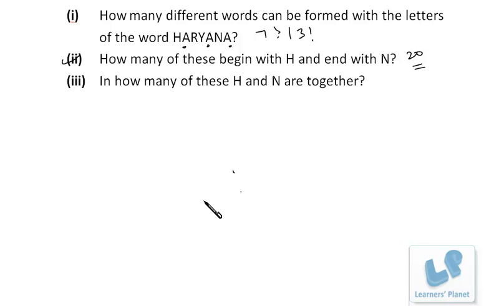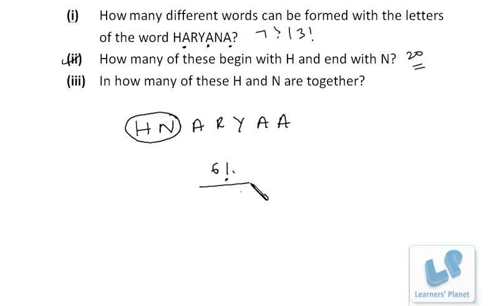Now let's take the third one. In this case, in how many of these are H and N together? I just write H and N together, and the remaining are A, R, Y, A, and A. I just treat them as one single letter. Now these are 6 letters to be arranged in 6 factorial ways. The second thing is we have to divide by the repetition, that is 3 factorial.